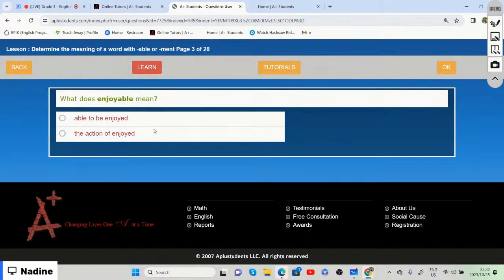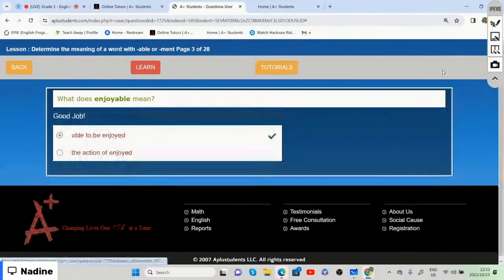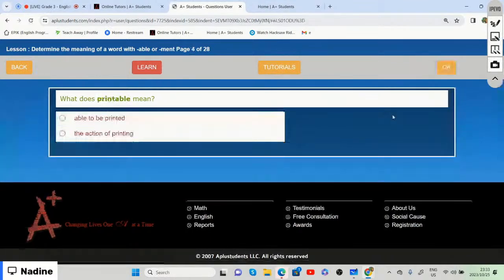Able to be enjoyed or the action of enjoyed? All right, so we can choose the first option, which is able to be enjoyed. So well done. Option one is correct. Because remember, we said able is able to be, right? And we said ment is either the action or the result of something, right?